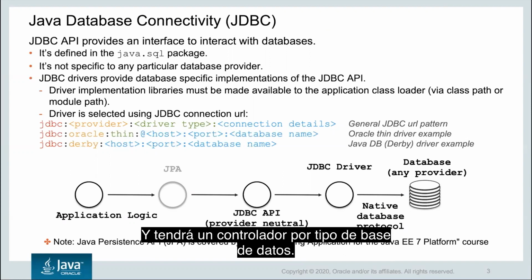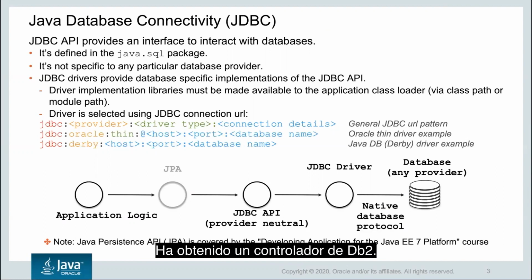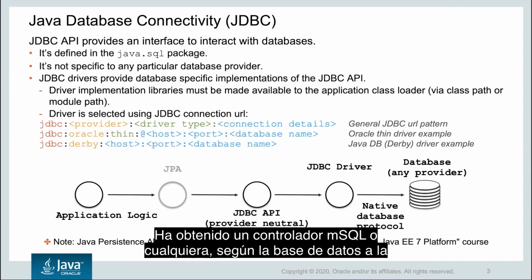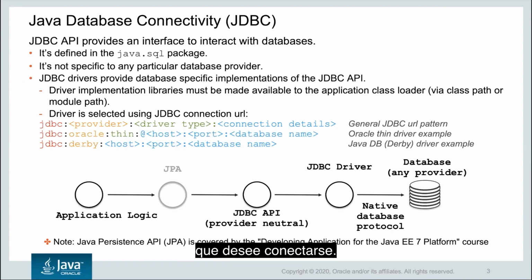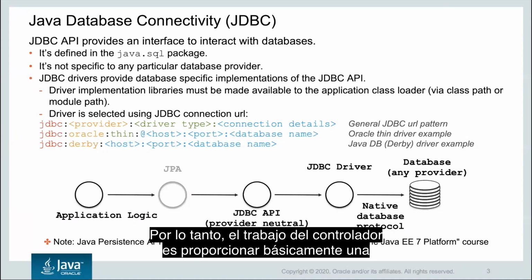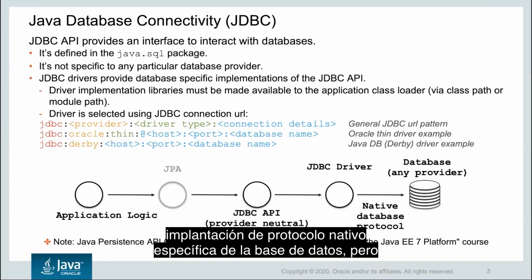And you would have a driver per database type. So you get an Oracle driver, you got a Derby driver, you got a DB2 driver, you got an MS SQL driver, whatever, depending on which database you want to connect to. So the job of the driver is to basically provide the database-specific native protocol implementation.